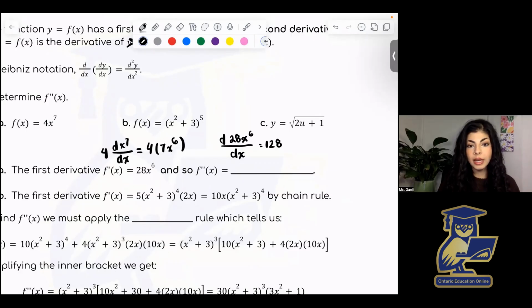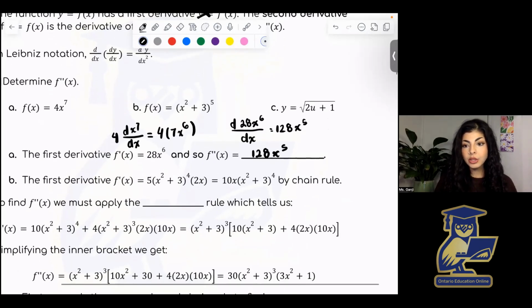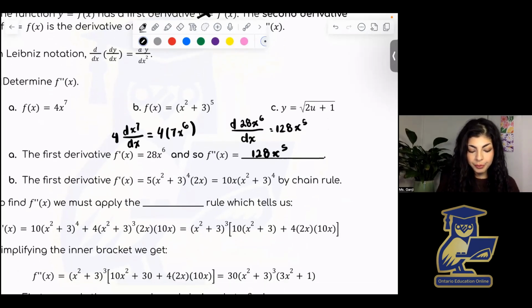This is just 6 times 28, and our power is x to the power of 5. We just decrease it. So as you can see, the derivative rules apply the same way. It is just that now the function that we are finding the derivative for is itself a derivative. But that doesn't change the way that we apply the rules.